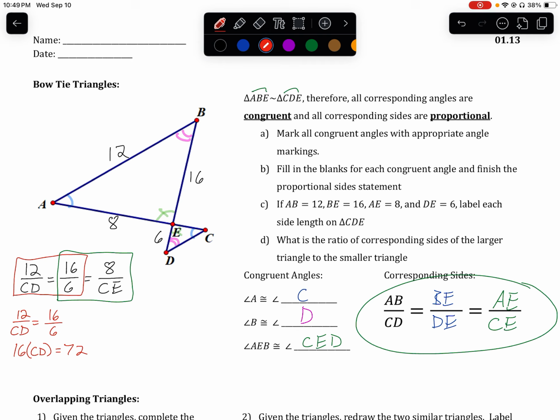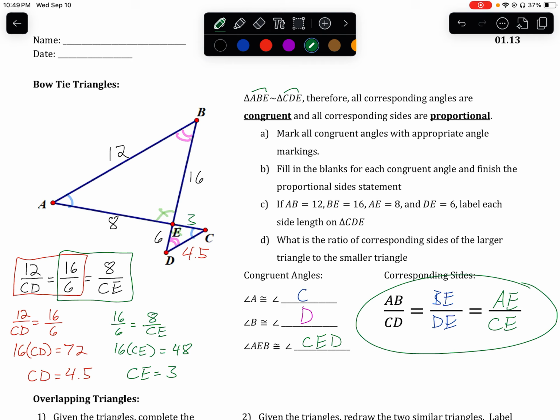And then if I divide by 16, CD is equal to 4.5. Same thing, 16 over 6 is equal to 8 over CE. So that's 16 times CE is equal to 48. So CE is equal to 3. So those are my missing sides.